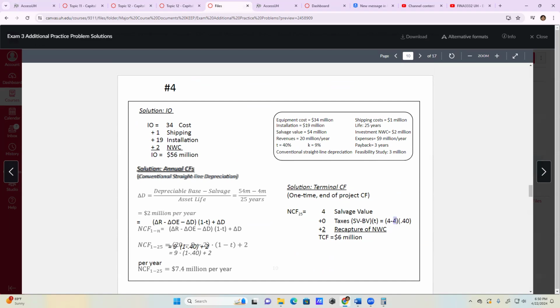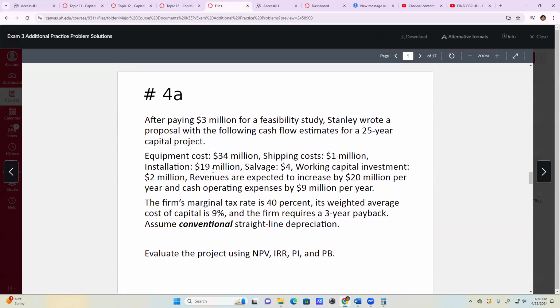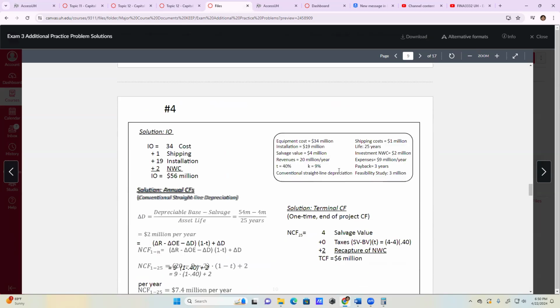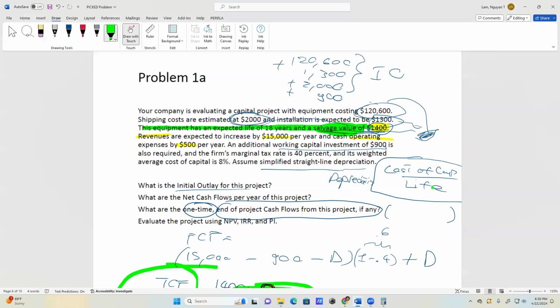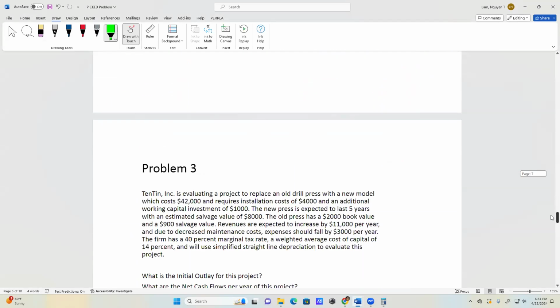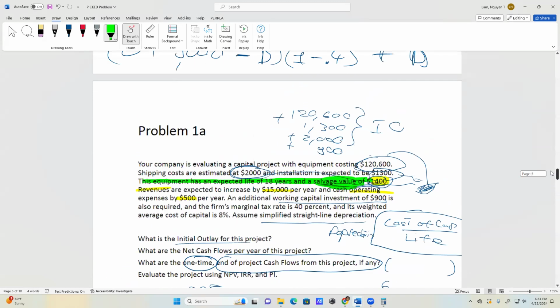Why is it 4 million as well? This is the problem we solved, I think, in the last video. If you look back at it, you see right here it just says salvage of 4 million, right? So whenever it just says salvage of, we should take it as 4 minus a book value of 4 as well. I know it's kind of confusing, but let's try to do some more and see if it lines up with our assumption here.